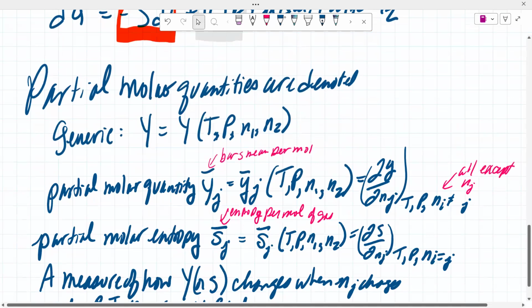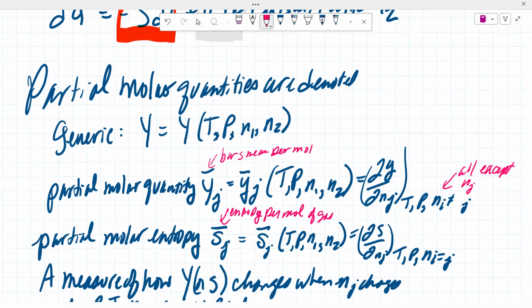In other words, the Y means some extensive thermodynamic property, and extensive means it's going to be the molar value of it, which is why we have the Y bars here.